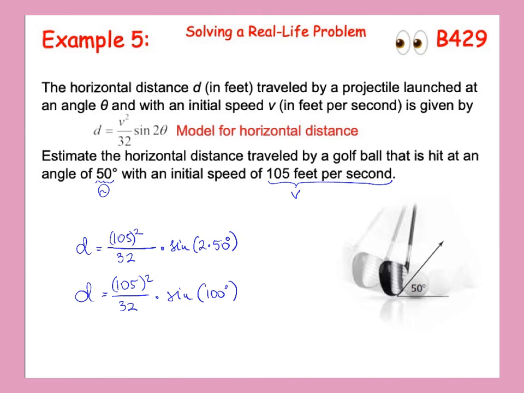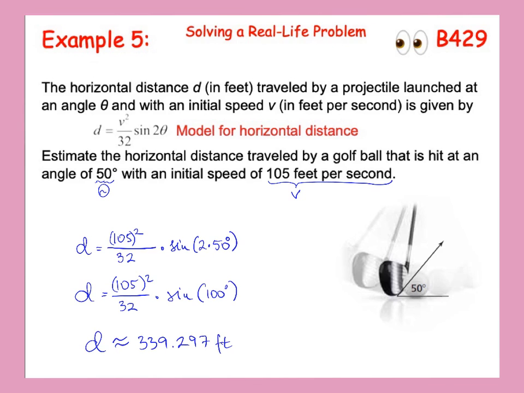I would like to make sure that when you punch this problem into your graphing calculator, first hit the mode button on the calculator and make sure your calculator is in degree mode, not in radian mode. So now let us calculate this problem and find that horizontal distance. So the distance is approximately going to be 339.297 feet.